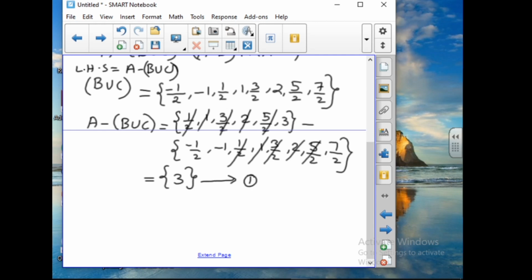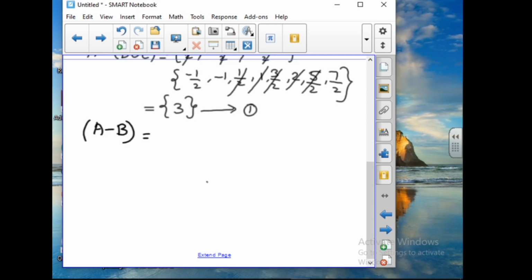Next you have to find A difference B. The A set is 1 by 2, 1, 3 by 2, 2, 5 by 2, 3. Difference the B set.